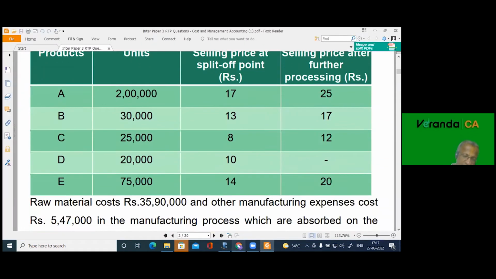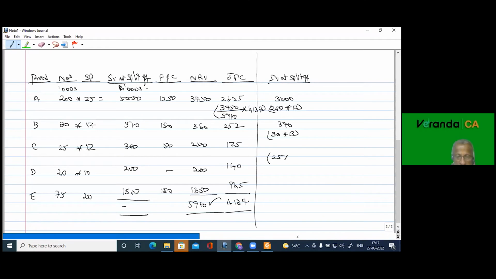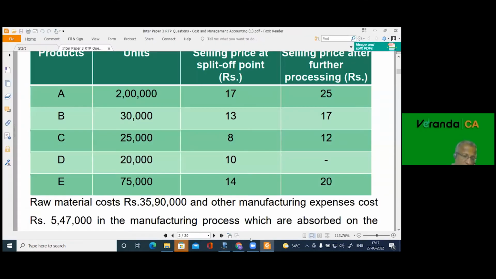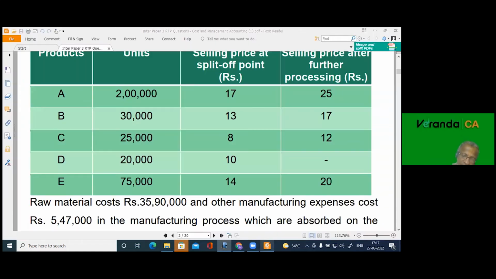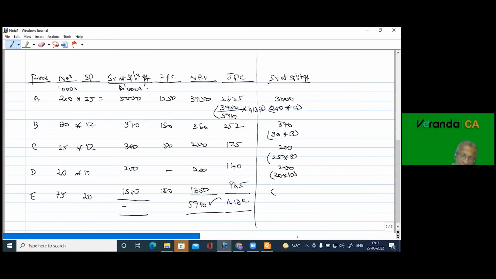Next 25 into 8, 200. 20 into 10, 200. 75 into 14, 1050. So sale value is there, joint process cost is there, and profit is the balance.